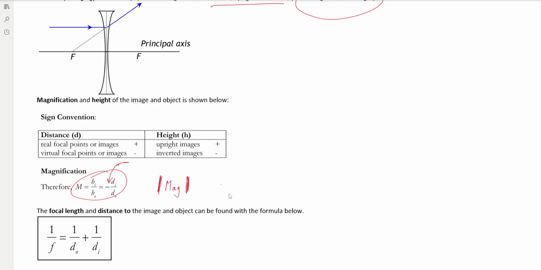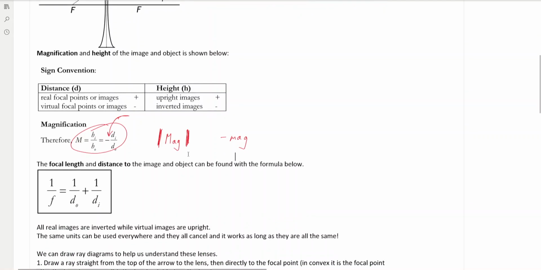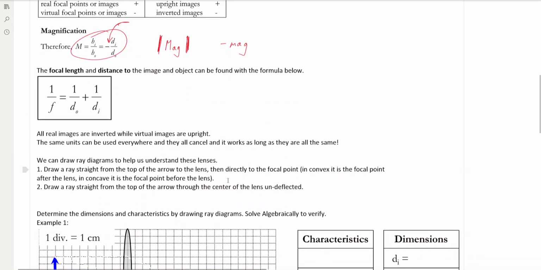So if you put a negative for your magnification, I think that's probably more correct sometimes, but that's not something that I will focus on as much. So if I write that differently in class or on this video, that may be something to just keep in mind. Normally I just consider magnification as always a positive number.